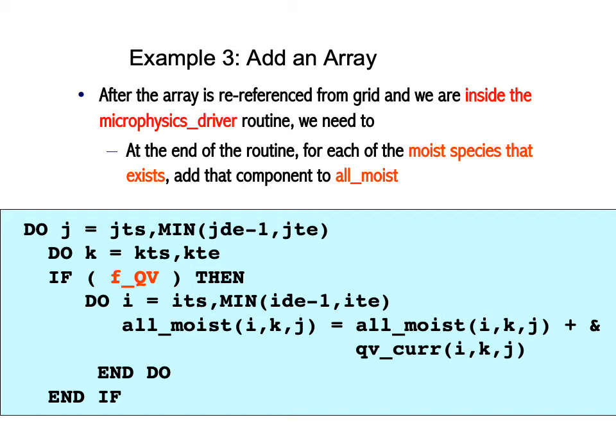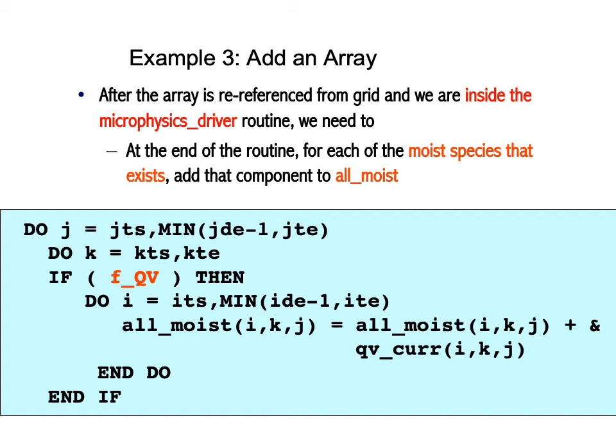That 3D array has to be allocated from the called routine, and in this case that was the microphysics driver, and every routine on down. We declare the variable, that it's real, the particular number of dimensions it has, and we pass that variable around. Here's where we fill in that variable, and that's sufficient for us.